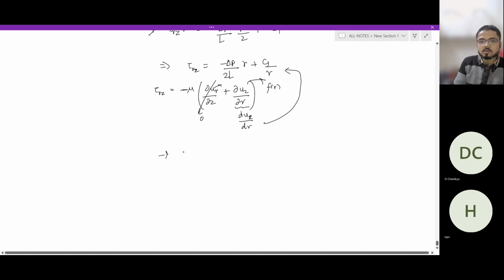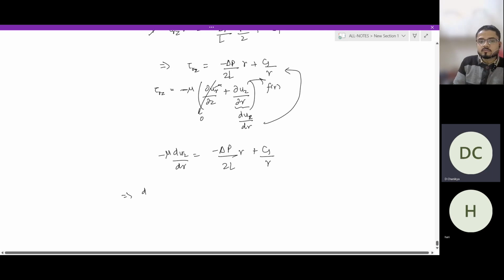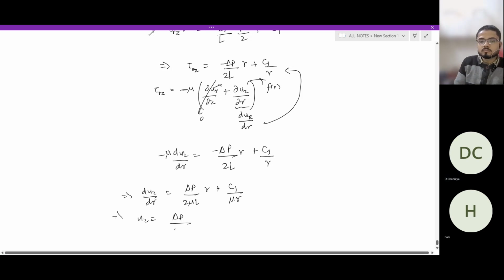So you get minus mu times duz over dr is equal to minus del p over 2L times r plus c1 by r, right? Solve it further. duz by dr equal to del p over 2 mu L times r plus c1 by mu r. Integrate both sides. You have uz equal to del p over 2 mu L, r squared by 2, plus c1 by mu ln r plus c2.